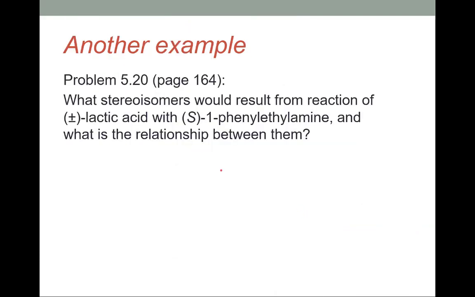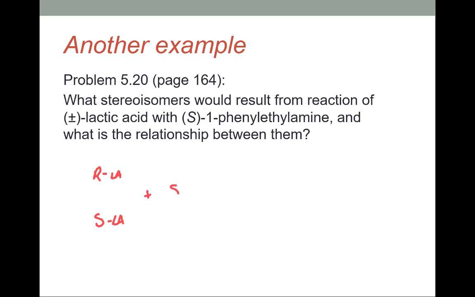Another example, we could think about this kind of a setup, and I sort of already showed you this when we were talking about this in the first place, but what stereoisomers would result? Well, the plus and minus, this remember means a racemic mixture, so I've got R lactic acid and I've got S lactic acid, and they're mixed together.